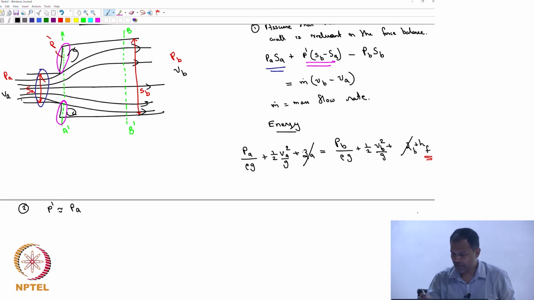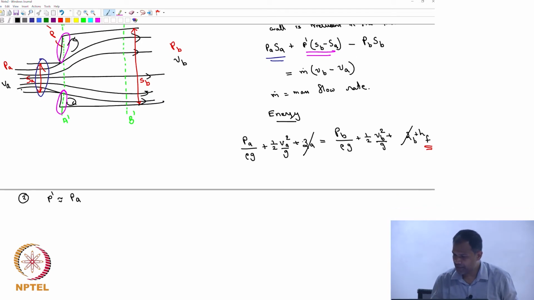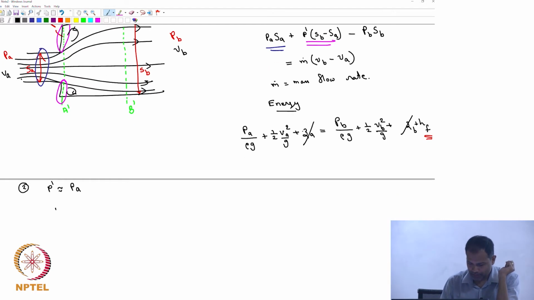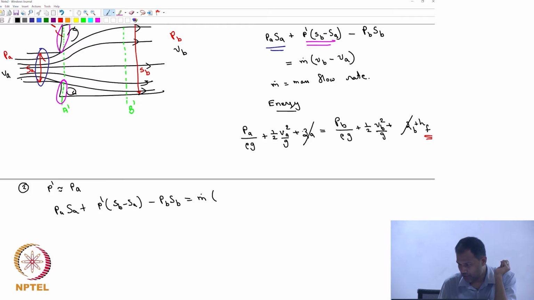So I can simplify our pressure balance. PA SA plus P prime into SB minus SA, minus PB SB is equal to M dot into VB minus VA.